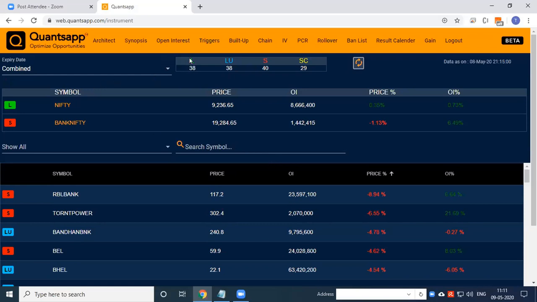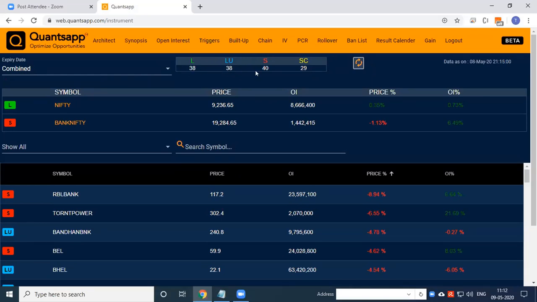The second most important point to look at is the market status, like how the market is divided, whether the market is more towards the long or more towards the short. When I say more towards the long, that means out of 156, 157 stocks, how many are on the long side and how many are on the short side.